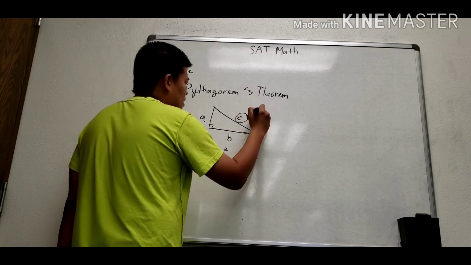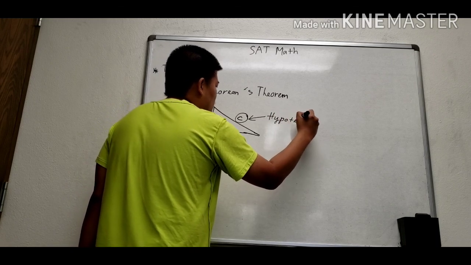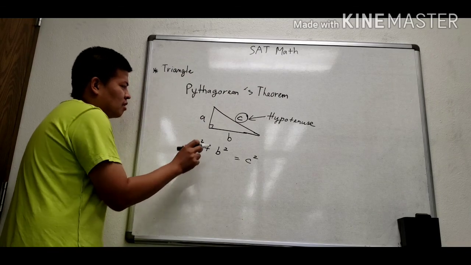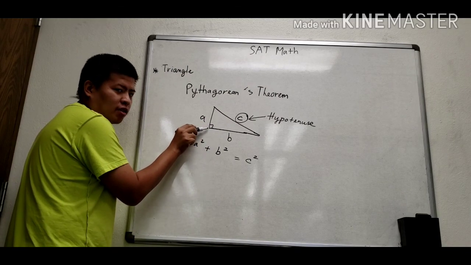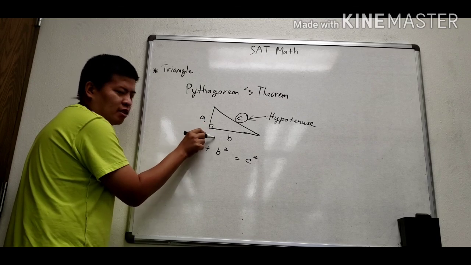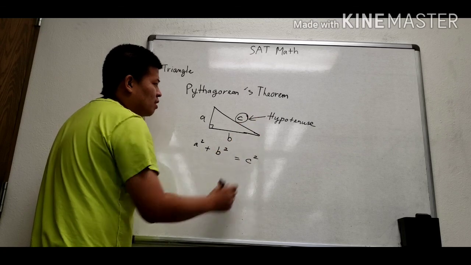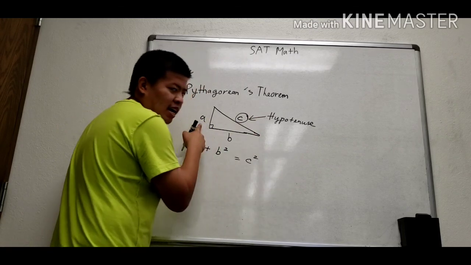Here, c is the hypotenuse. And we know that a and b form the right angle of the right triangle, and the hypotenuse is always longer than a and b.